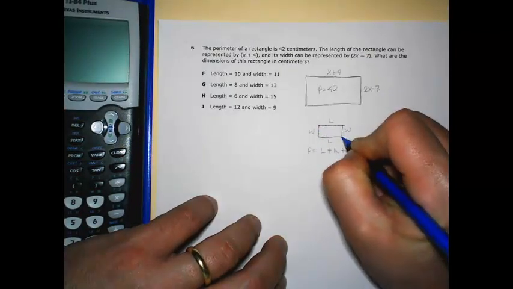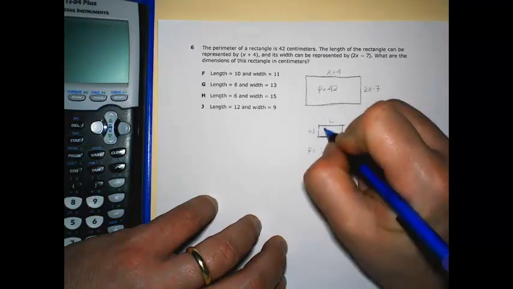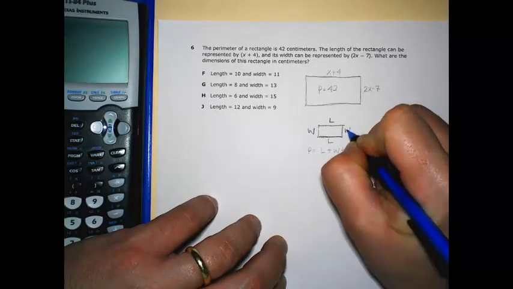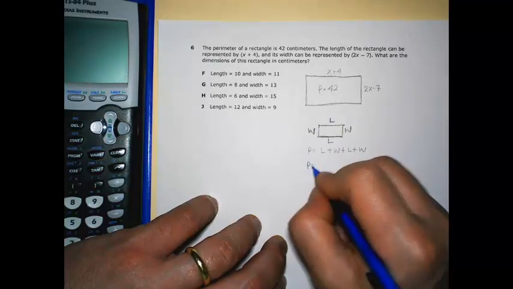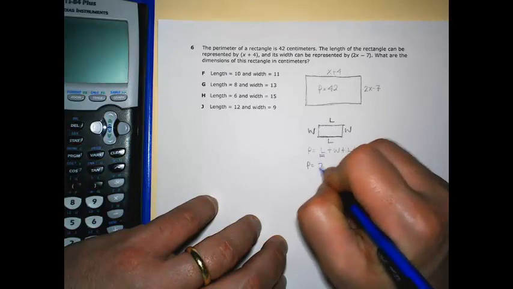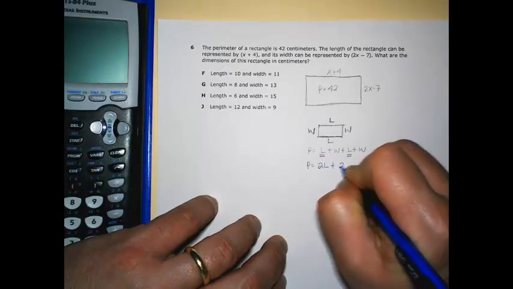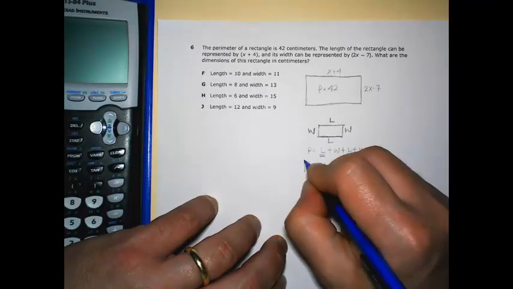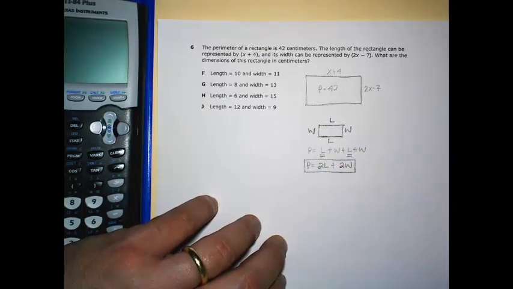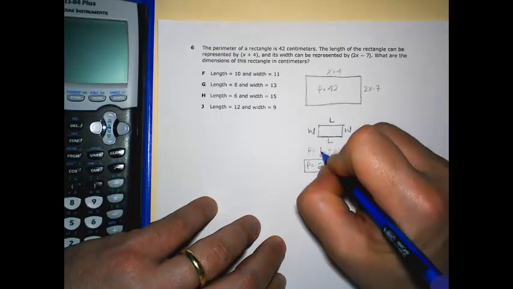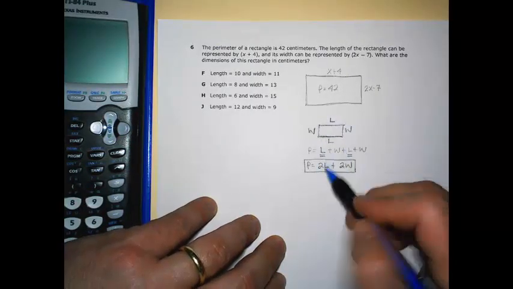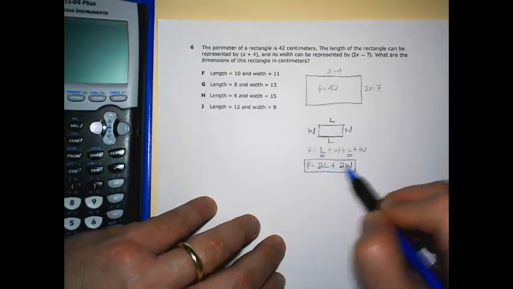Now, if I combine like terms, I have 2 L's, so this would be 2L plus 2W. You might have seen this formula before. If you haven't, that's okay. You don't have to remember this formula, you just have to remember the perimeter is the sum of all sides. But if you do, you can also use this formula.